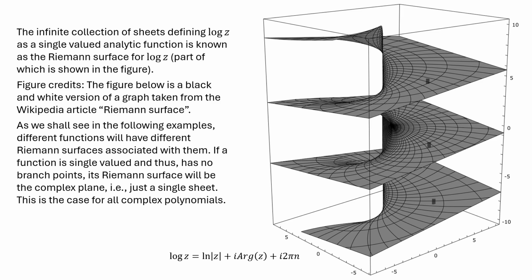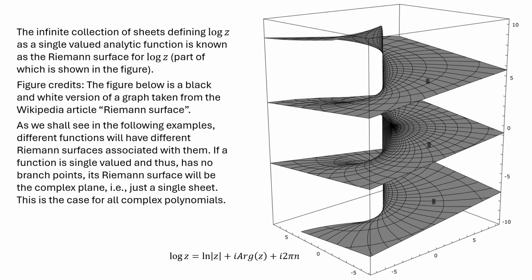That would be this here. And keep in mind that the natural log of the modulus of z is the same. So you're not losing a lot of information here. Each one of these 3 points has the same real part in the codomain. It's just the imaginary part that changes.